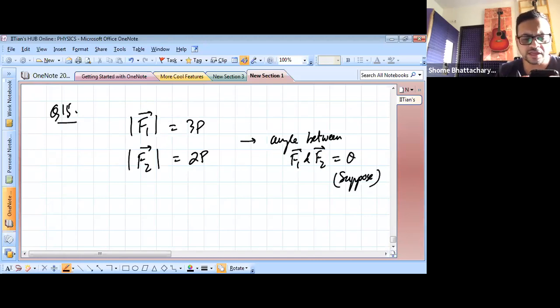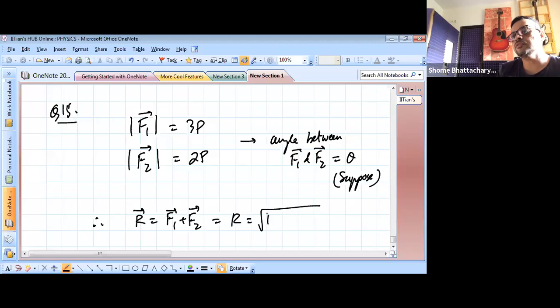Now it is given to us that if the first force is doubled, the magnitude of the resultant also doubles. Okay. So you can say that the resultant of F1 and F2 is this. So the magnitude of the resultant is square root of F1 square plus F2 square plus 2 F1 F2 cos theta. That is our statement 1.